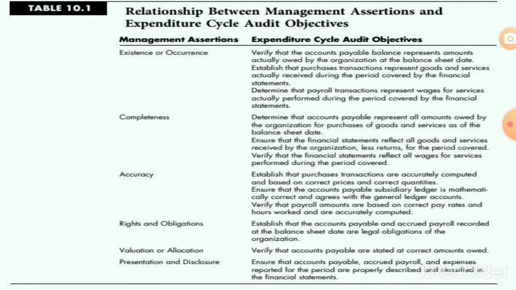Sa accuracy naman, dito in-establish na yung mga purchases transactions are accurately computed and based on the correct prices and correct quantities, and ensure that the accounts payable subsidiary ledger is mathematically correct and agrees with the general ledger accounts, and also yung mga payroll amounts are based on the correct pay rates and hours worked and are accurately computed.